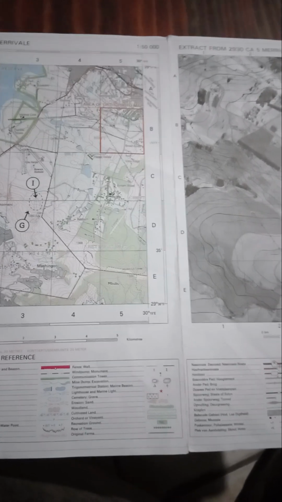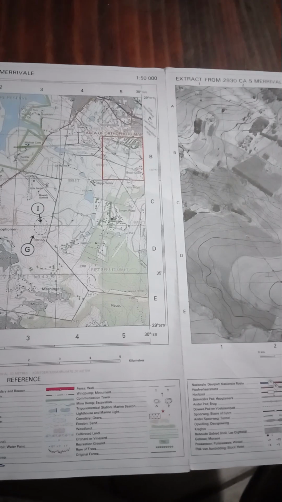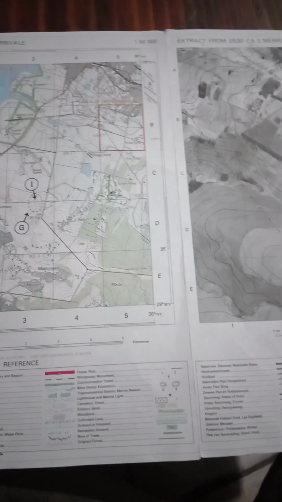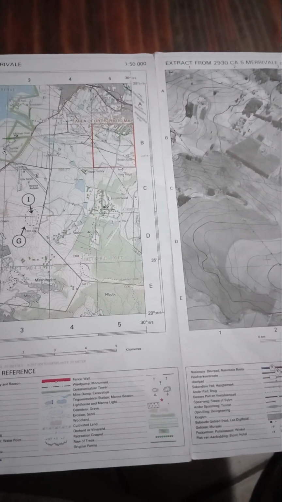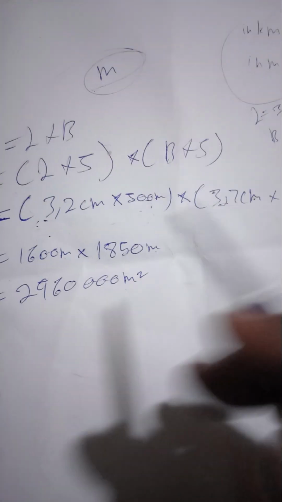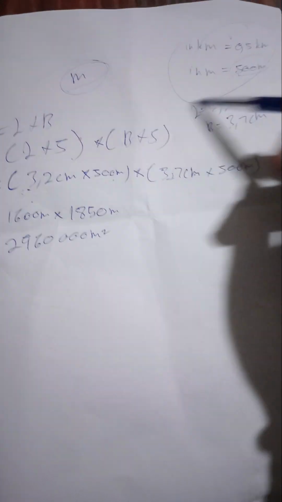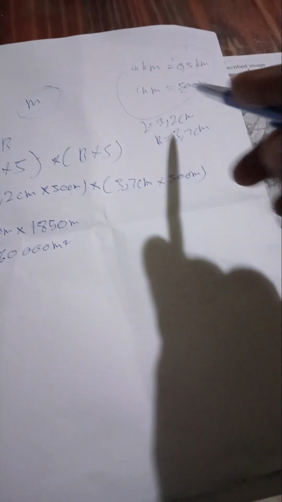You will be able to know if it is centimeters or kilometers, or how many kilometers. As you can see, in kilometers it is 0.5, and then in meters it is 500 meters.